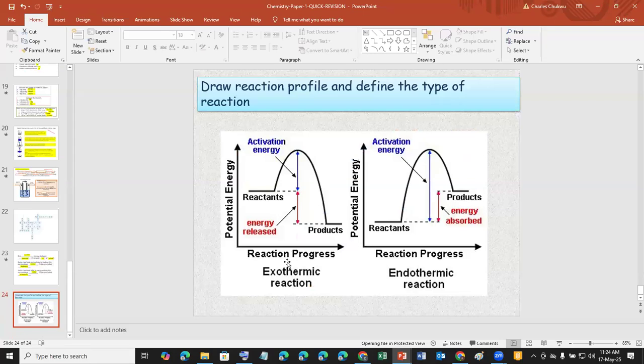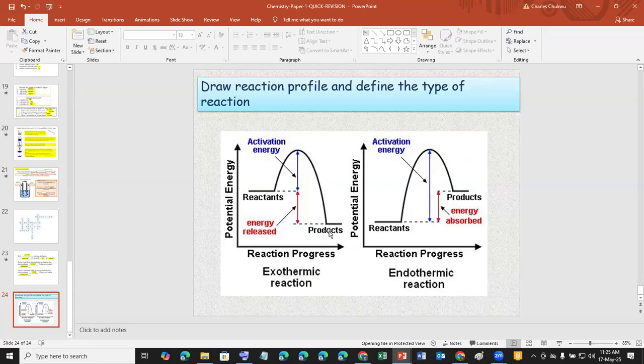Okay, so the only thing I missed out in my diagram was the activation energy. But look at the exothermic reaction properly. You see that the energy that is released is given by that red line, and it is negative.